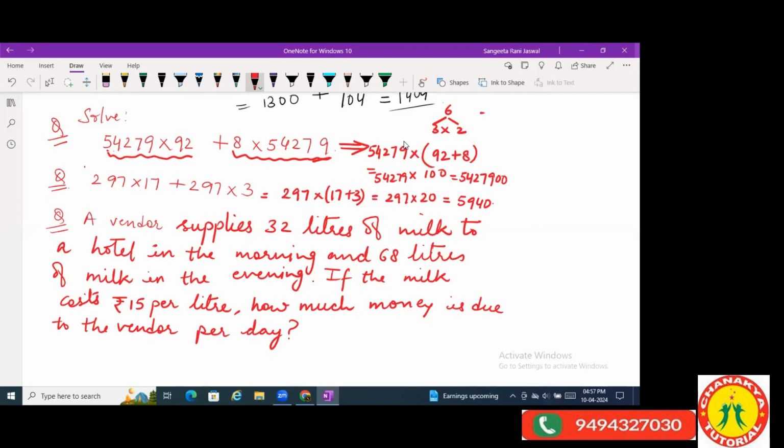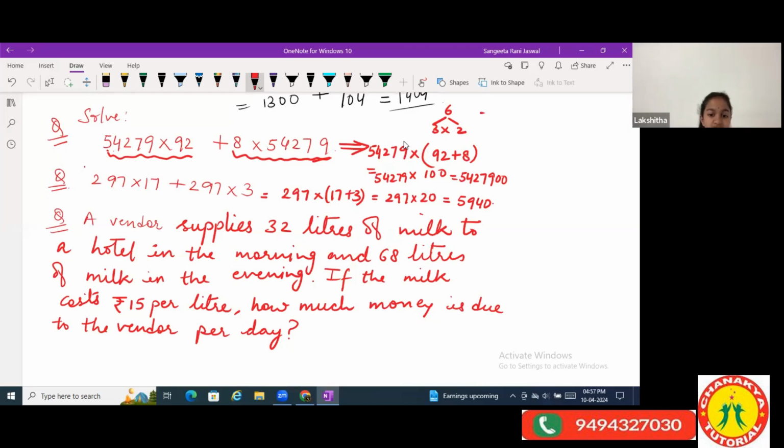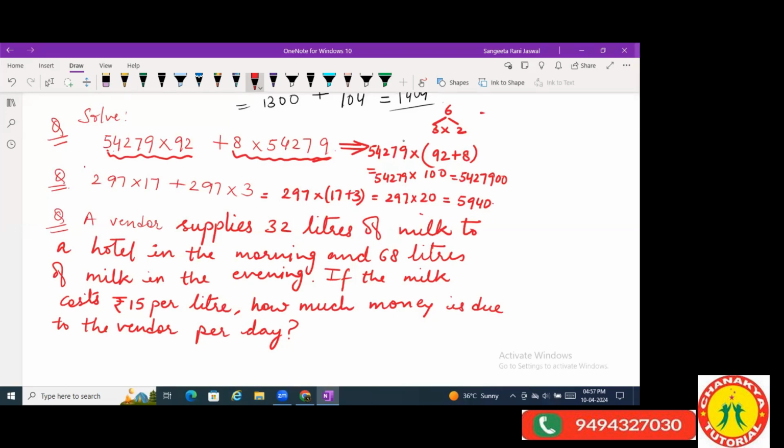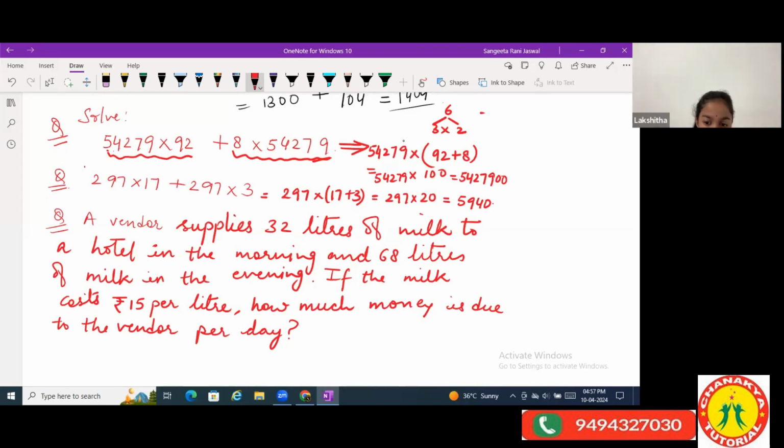Now read the next question, Lakshita. A vendor supplies 32 liters of milk to a hotel in the morning and 68 liters of milk in the evening. If the milk costs rupees 15 per liter, how much money is due to the vendor per day?